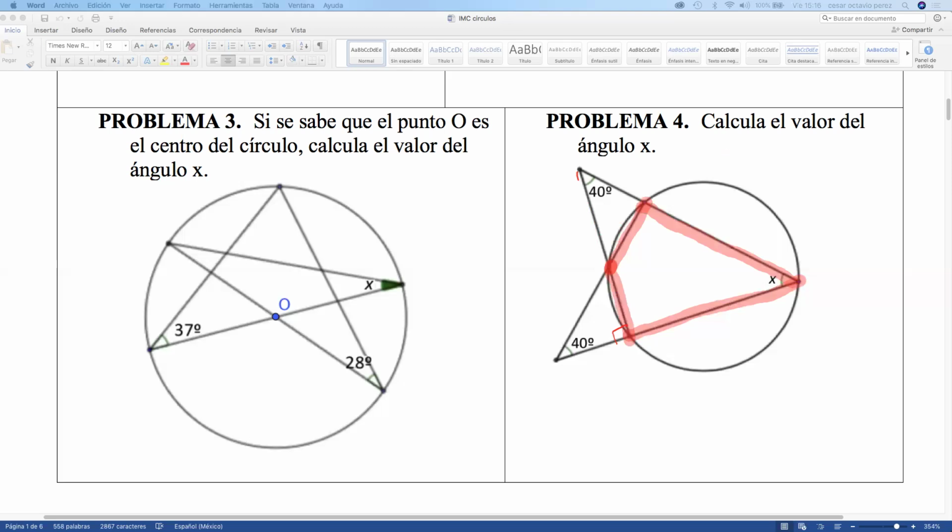Okay, cyclic quadrilateral. So this must be 180 minus x, no matter if this is symmetrical or not. Okay, so this is also 180 minus x.